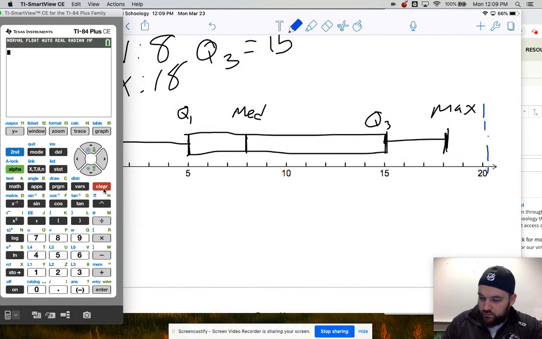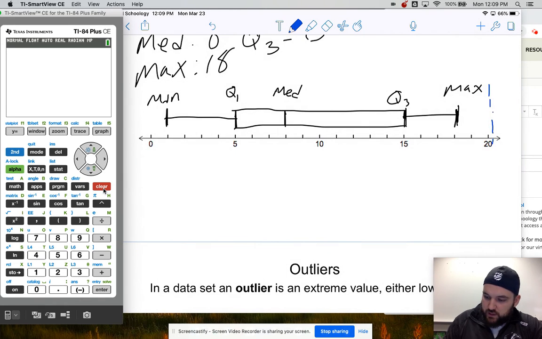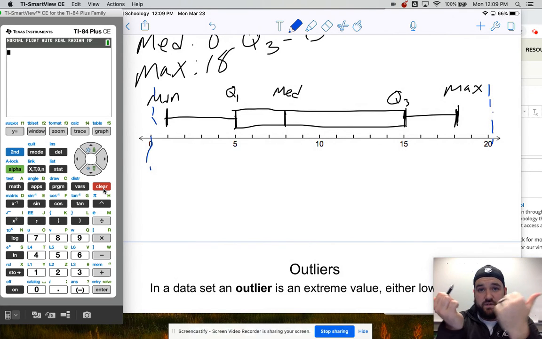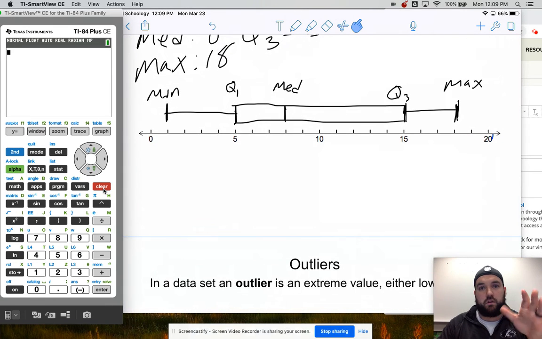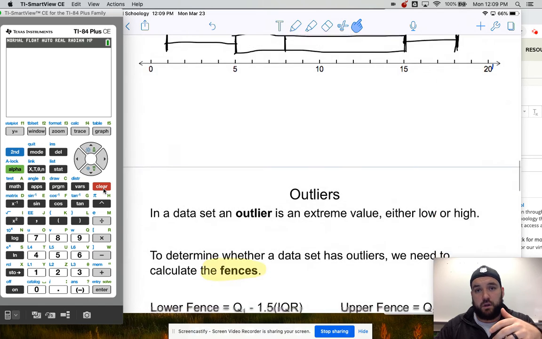We're going to find what's called a fence, and it's going to be some distance outside the box. It's basically going to say if you go past those fences, either below the lower fence or above the upper fence, then you are classified as an outlier. These fences are kind of like the borderline number that if you're above or below it, then you are considered an outlier.